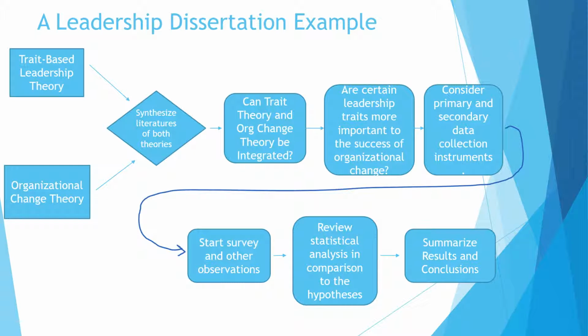And then finally, Chapter 5, we summarize the results and conclusions and determine whether what we set out to show can actually be shown, whether it was proven by the data. So we have the theory, we're proposing in our research questions and hypotheses that it makes sense to choose particular traits of leaders when you're considering organizational change, but does it turn out that that's really true or not?